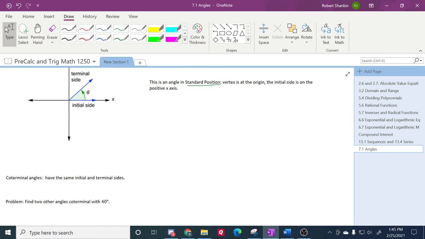So, that's a problem for you, and I want you to put your answer into your group chat. You have to look carefully at that definition of coterminal. Find at least one other, but hopefully two other angles that are coterminal with 40 degrees. Let me give you a quick minute.